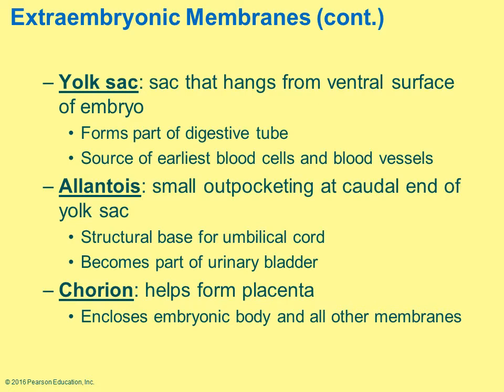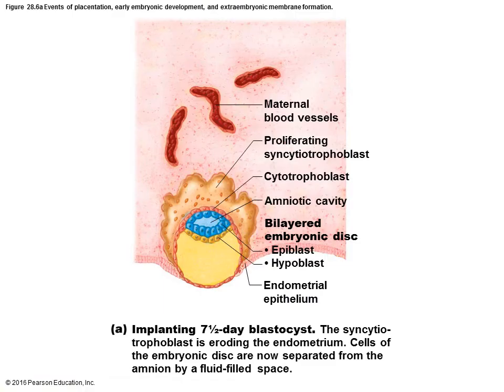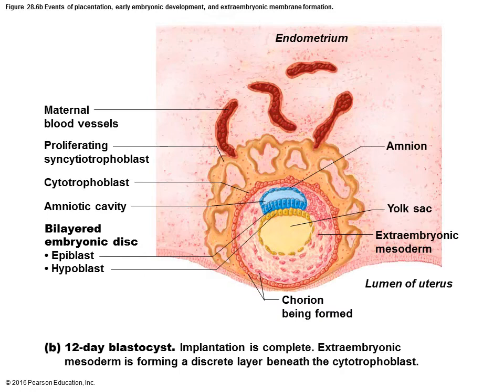And then the chorion helps to form the placenta and most of the other membranes. So this is showing the implantation of a blastocyst that's about 7 days old. After about 12 days, you can see the blastocyst, the implantation is now complete. It is completely embedded within the endometrium.